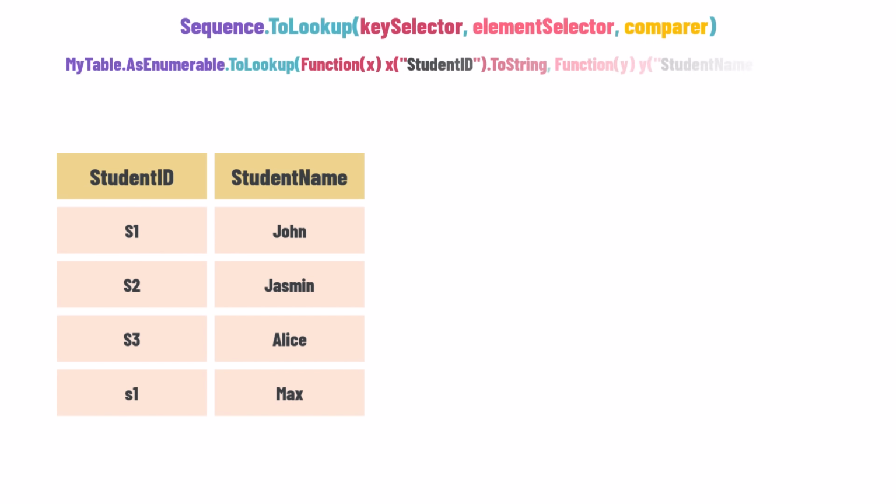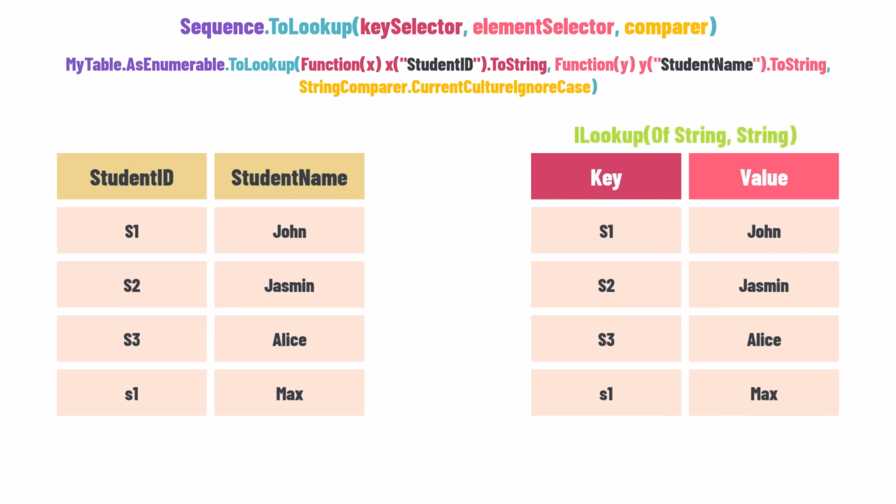Here is the query with a comparer to ignore case. The result of this query will be again the same. So, using this query no exception will be thrown, because a lookup could contain the same key more than once. In this table we have the same key in different cases, but because we are using an ignore case comparer, they are considered to be the same key.